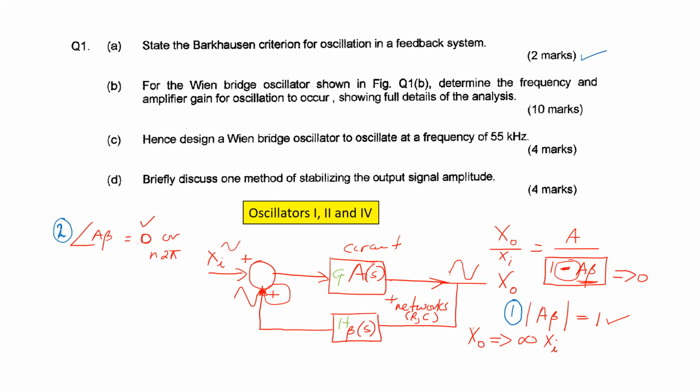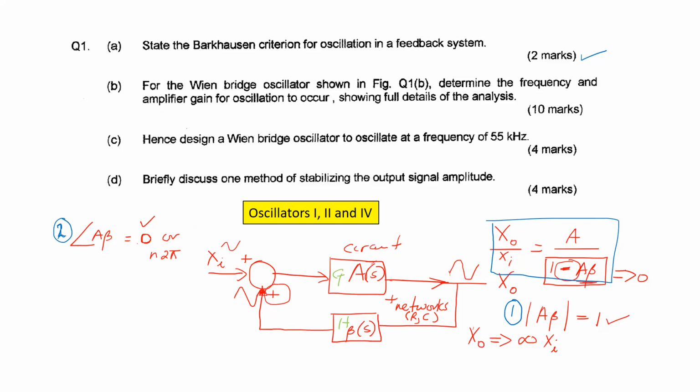So for the 2 marks, you would have stated items numbers 1 and 2 here, the Barkhausen criterion. First off, what you should do is say that the transfer function for the oscillator looks like this, all right? That the Barkhausen criterion says that for a transfer function like this, 1, if A beta is 1, and 2, if the phase of A beta is 0, you're going to get oscillation in a feedback system.